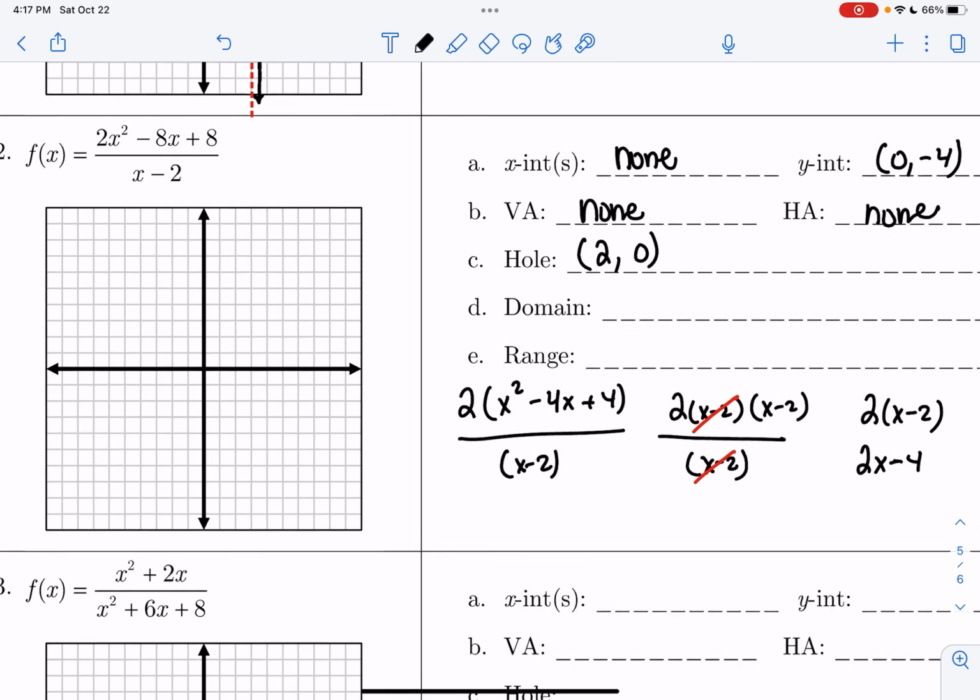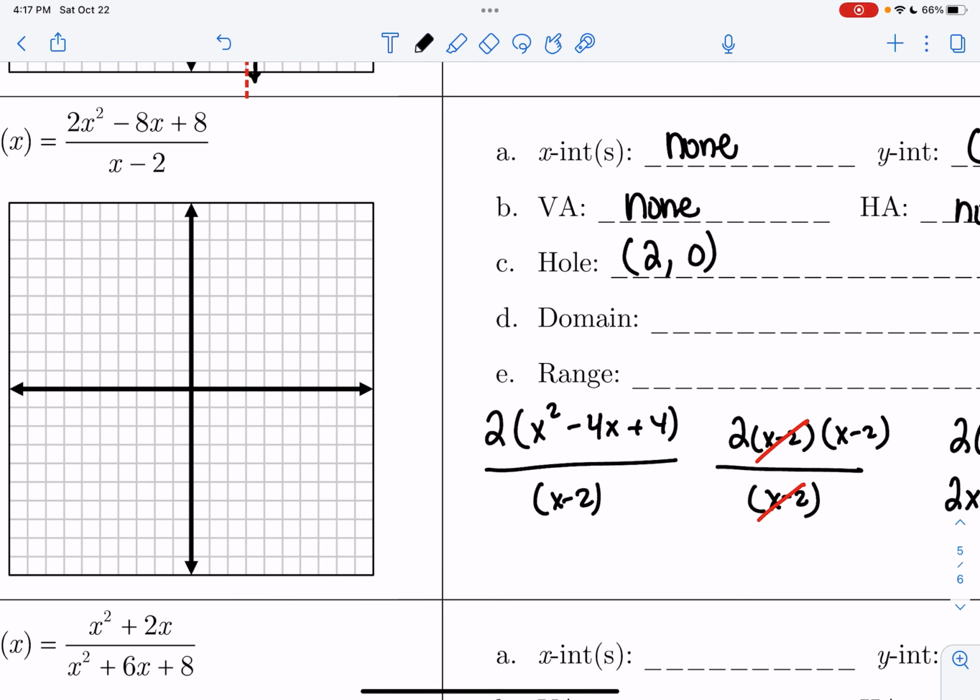So if I were to graph this, I'm going to graph my y-intercept at -4, up 2, right 1. Notice how I have a hole at 2, 0, as I should. And then just graph it.